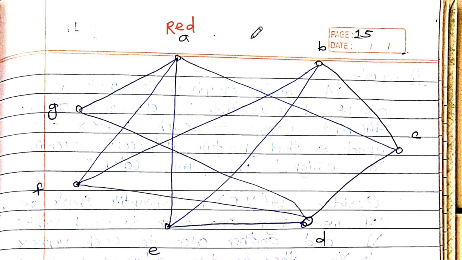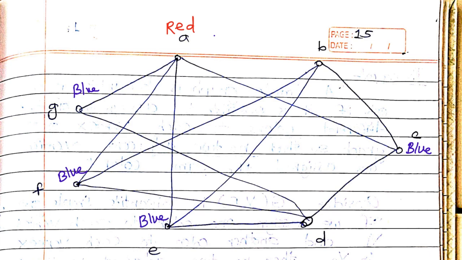G is a neighbor of A because there is a connecting edge, so G should have blue color. A is connected to C, so C should have blue color. A is connected to F, so F will have blue color. And A is connected to E, so E should have blue color.